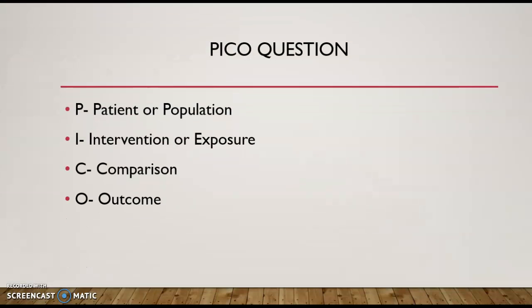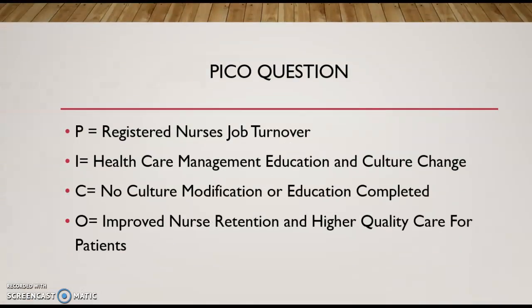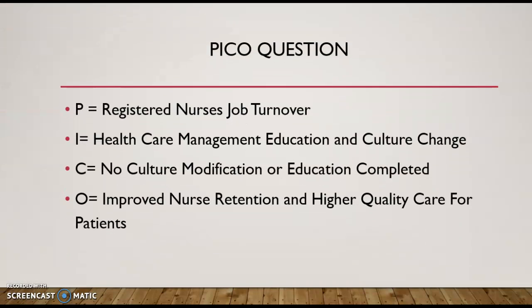PICO question: based on patient or population, an intervention, a comparison, and the outcome. The population in this case is going to be registered nurses' job turnover. The intervention will be healthcare management education and culture change.